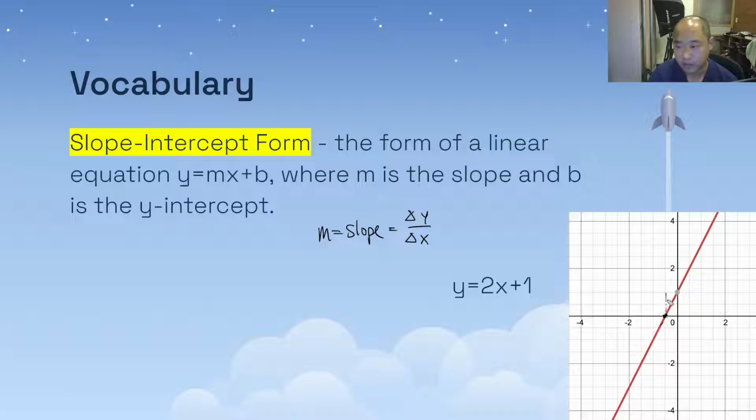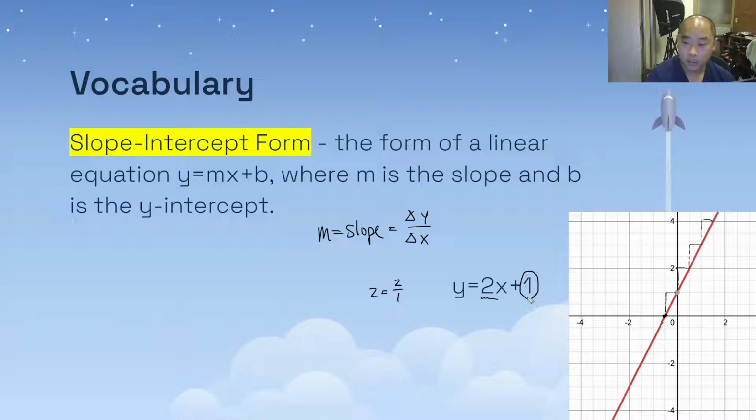The change in y here is 2, and 2 is equal to 2 over 1. So we're going to go up 2, and then right 1. Up 2, right 1. Up 2, right 1. That is the slope.